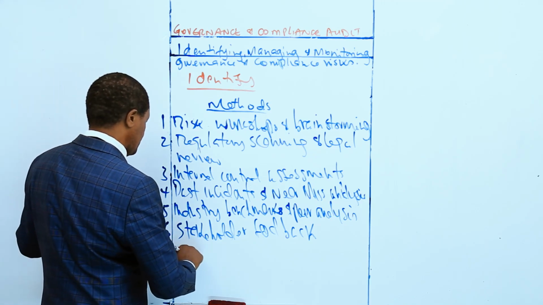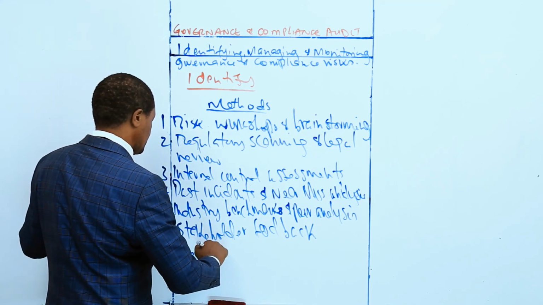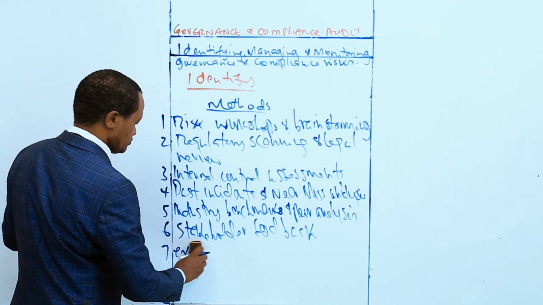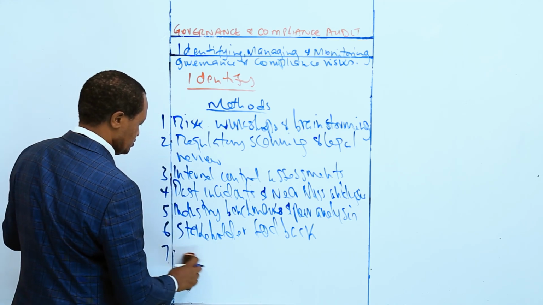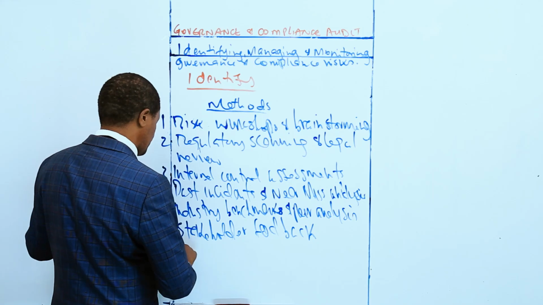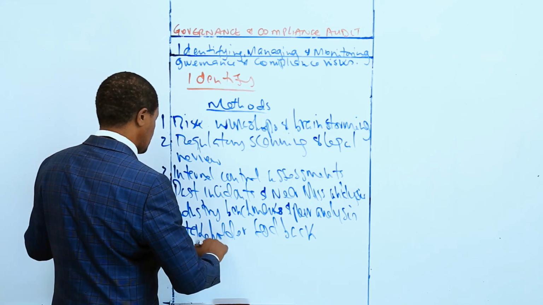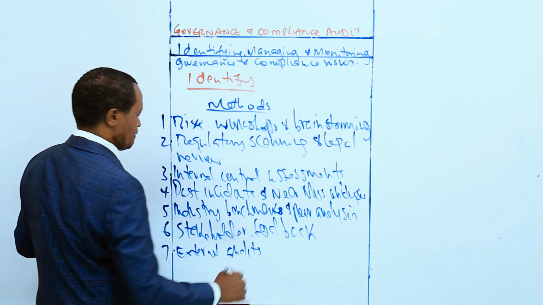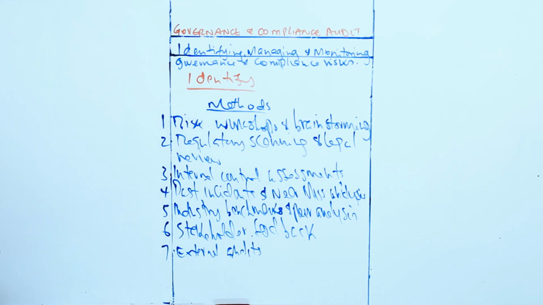7, external audits and reviews. External audits and reviews is also another method that can be used to identify risks.